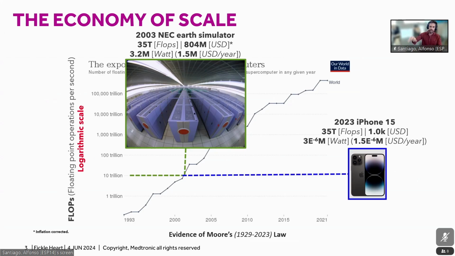Just to keep the units consistent, an iPhone consumes 3 watts, and the electrical bill for charging an iPhone is $1 a year. So this is overwhelming evidence that 20 years from now we will have the fastest computer in the world today in our pockets.